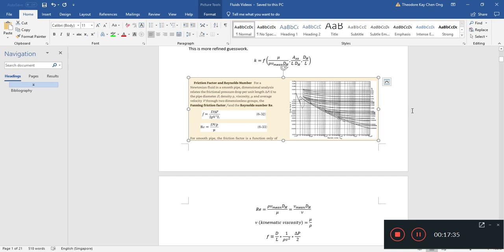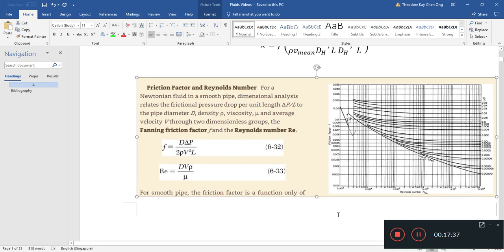So let's zoom in. This is from Perry's Chemical Engineering Handbook. Let's see what some of the features of this graph are. We see there are two distinct regions, one to the left, one to the right. At low Reynolds number here, it's a straight line, but it's kind of disjointed for a while.